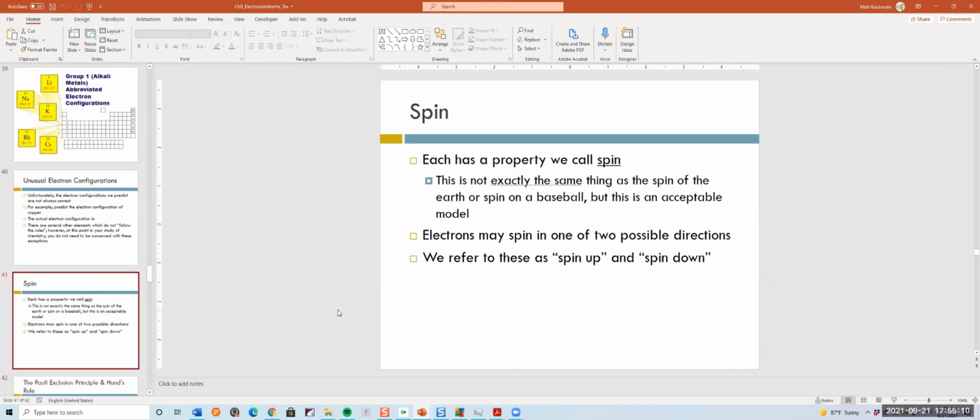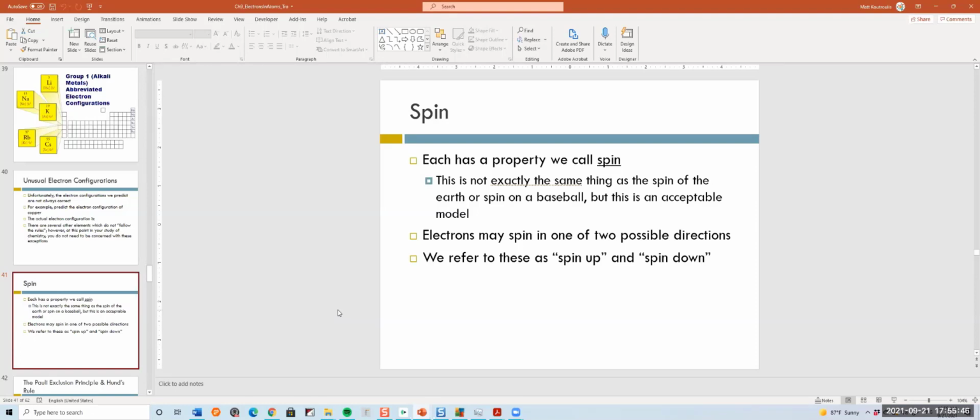Spin. An orbital can hold how many electrons again? Up to 2. But there's a rule with this. Remember how I said electrons are like particles, but they're also like waves? They have this property called spin. The easiest way to think about this, and it's an analogy, it's not perfectly true, is to imagine a ball or a globe on an axis.